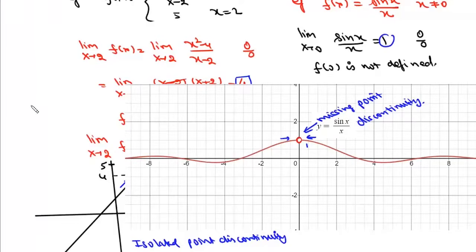So in discontinuity of first kind, we'll have two situations. Case 1, when the function value, it is isolated from the neighborhood, where left hand limit is equal to right hand limit. And second case, when the value itself at this point is missing, and here also left hand limit and right limit, they are equal.